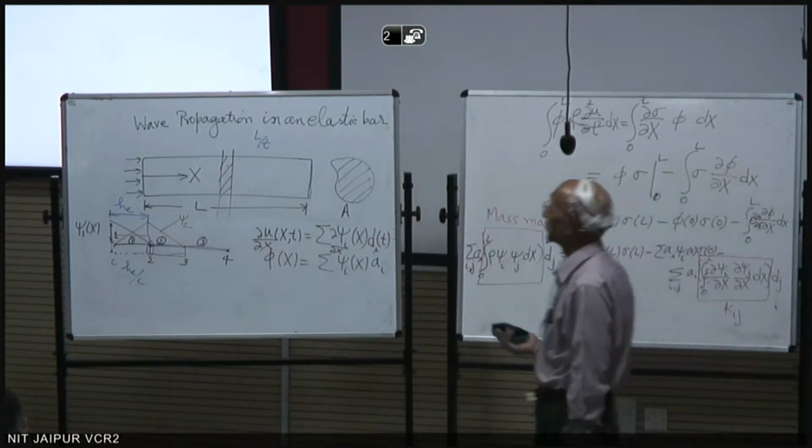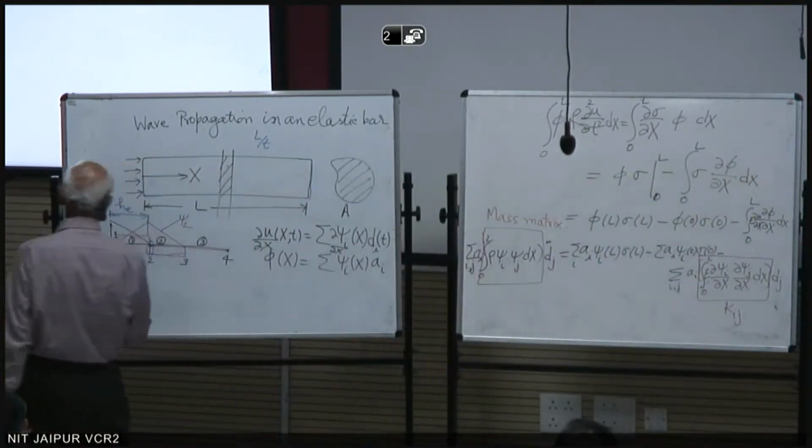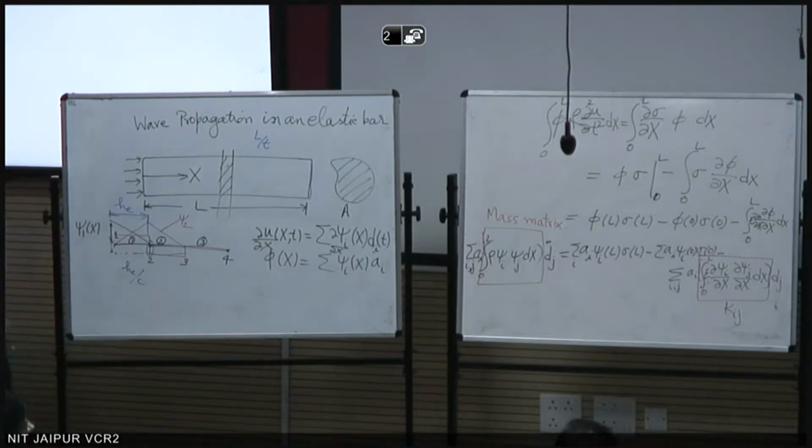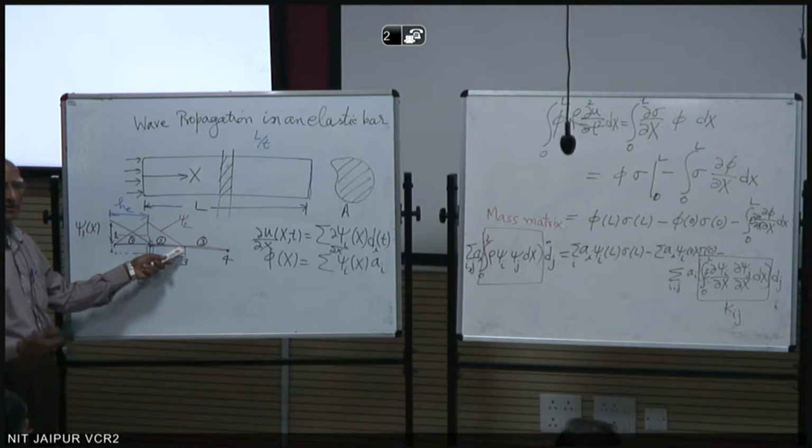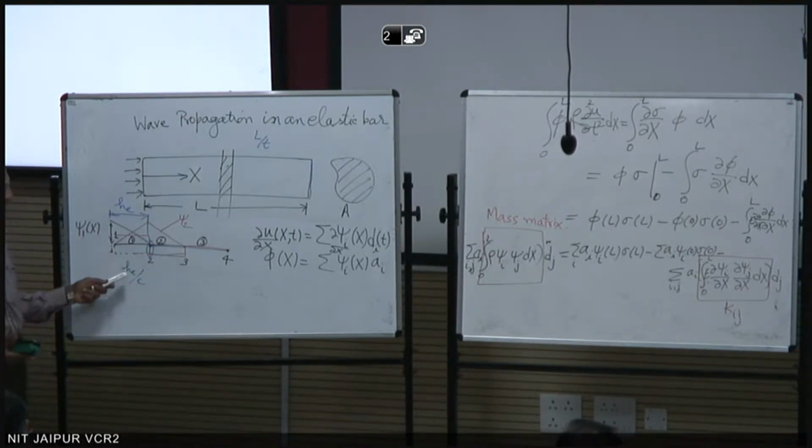So if node 1 is displaced by, say, 1 centimeter at time 0, this one should be displaced by 1 centimeter after this time. This node should be displaced by 1 centimeter after 2h over c.